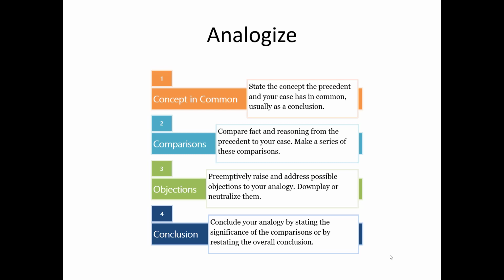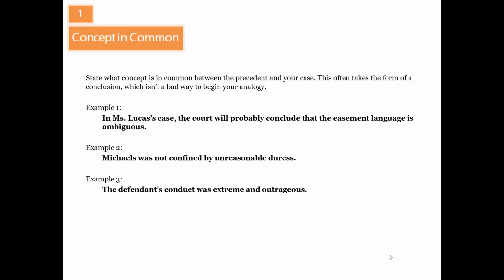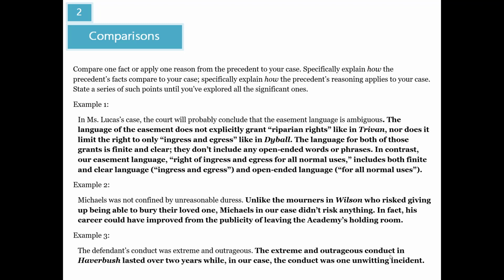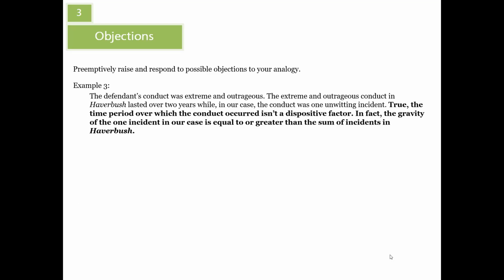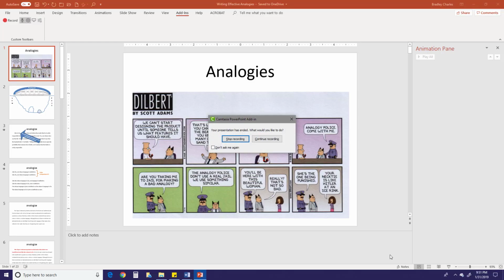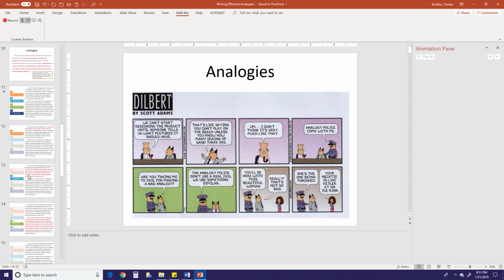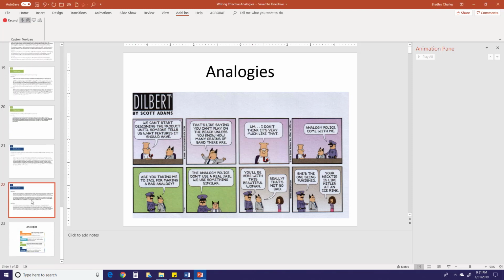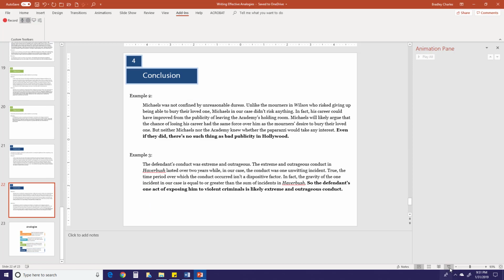Now that you've seen a good example, look at these good examples here. Here's one starting with the concept in common. You can see how I just build these. And then the comparisons. The thing in common among all of these is how detailed they are.